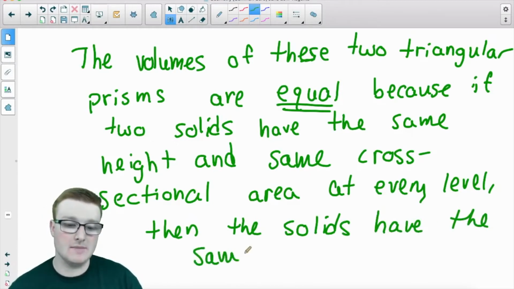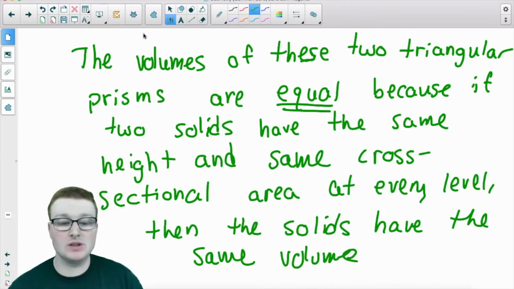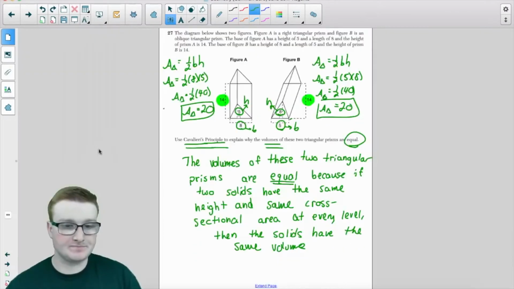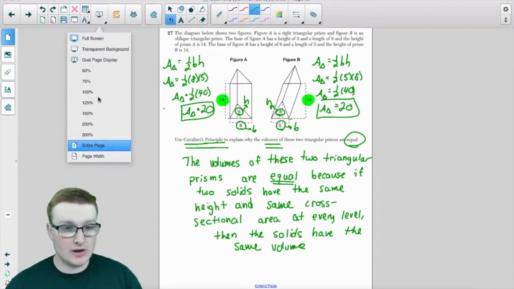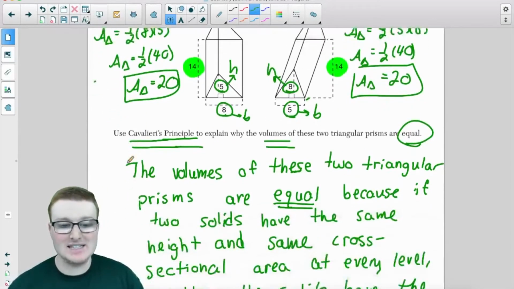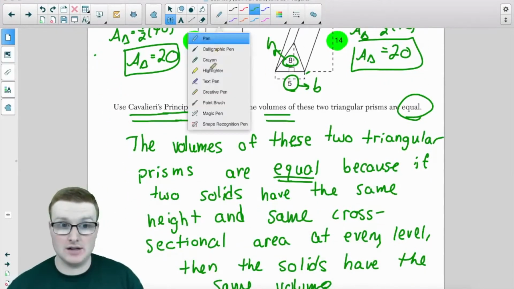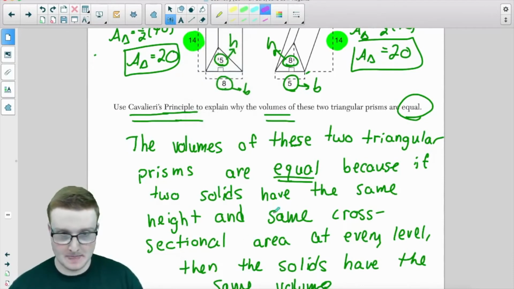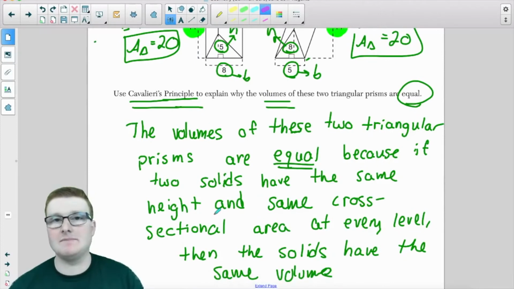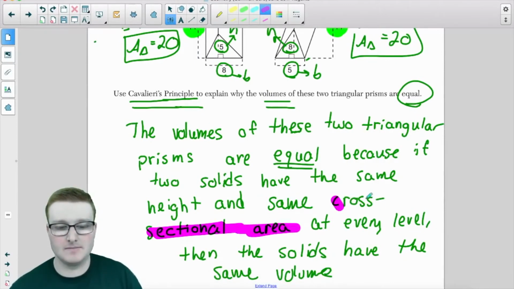Well, what in the world does that mean, Trevor? I basically just put into words what I said before. These two triangular prisms have the exact same base area, or the same cross-sectional area at every level.